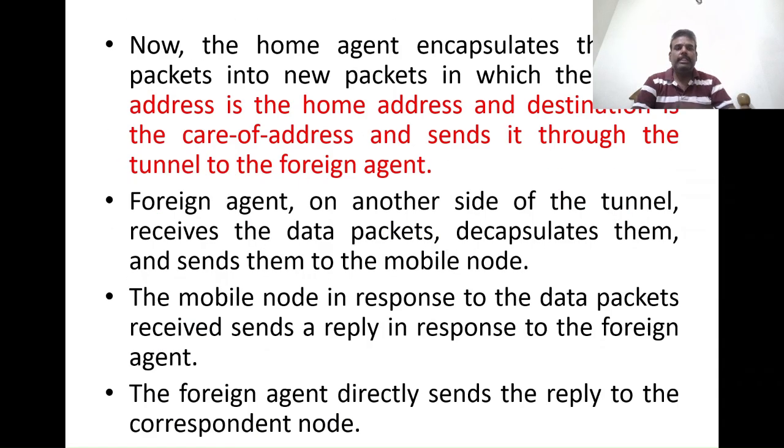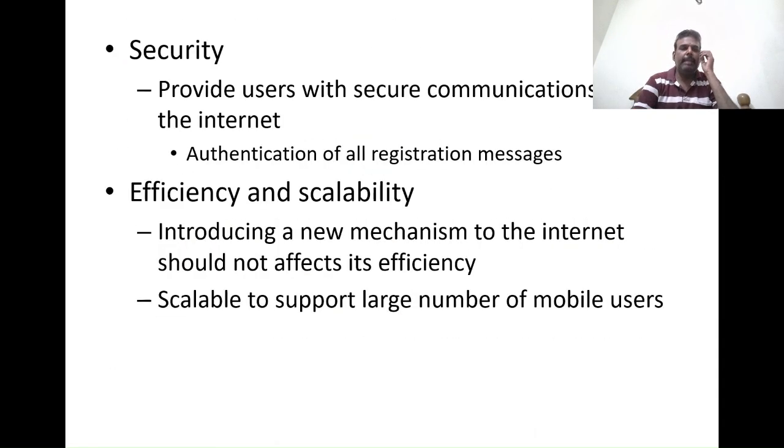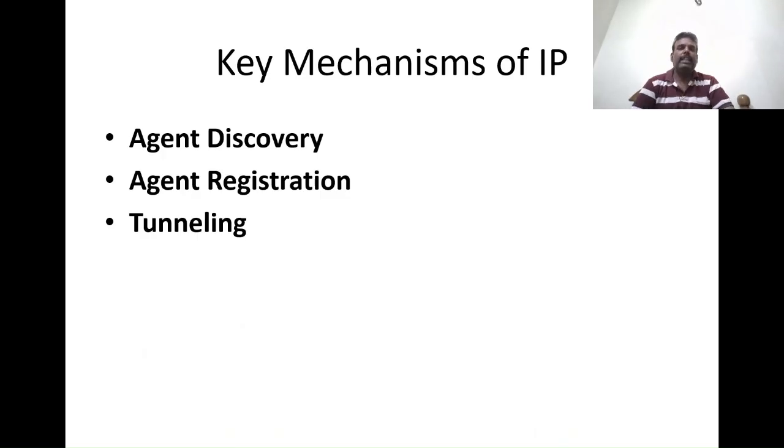So here we are going to discuss the main topic, that is key mechanisms in mobile IP. In key mechanisms, we have three main topics: agent discovery, agent registration, and the tunneling process. Whenever we transmit our data from one location to another, that is sender to receiver, if both sender and receiver are present in the same network, we don't have any problem.